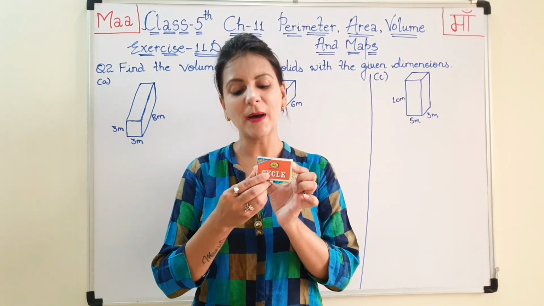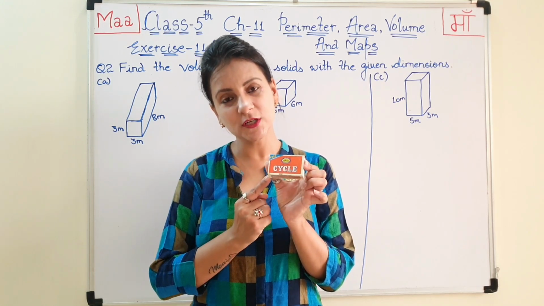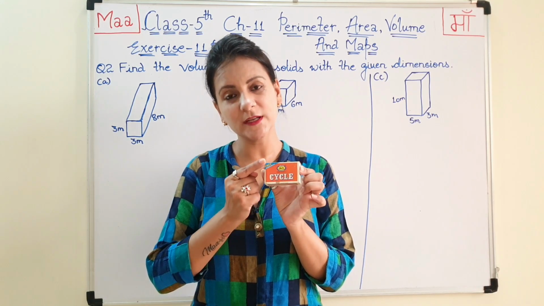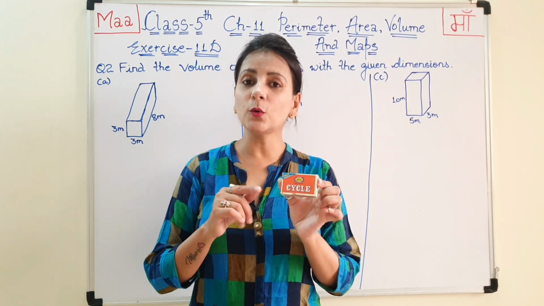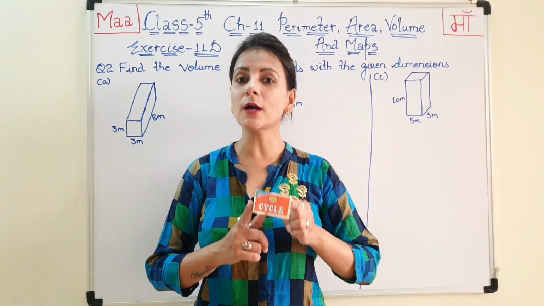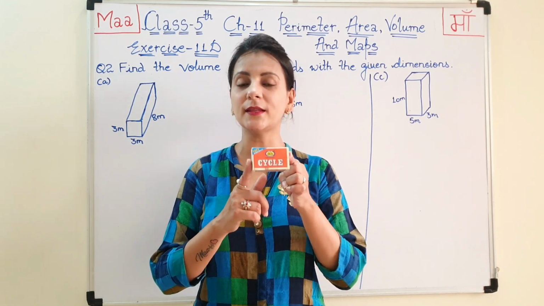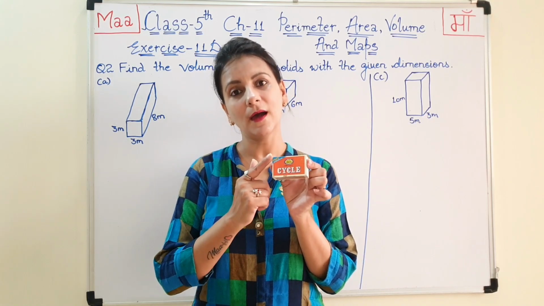So three parts are there. This is called the length. This portion is called the breadth and this one is called the height. So as I told you, in rectangle there was only length and breadth, but if we talk about the solid figure cuboid, then there are three parts, that is length, breadth and height.